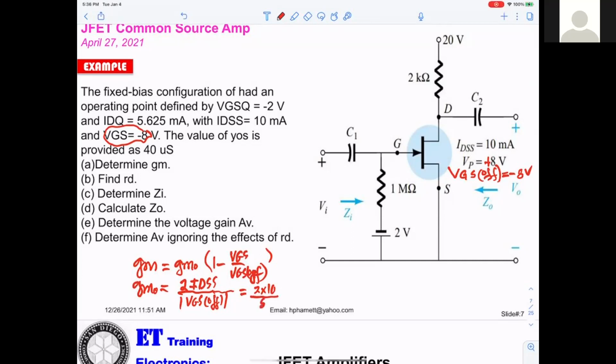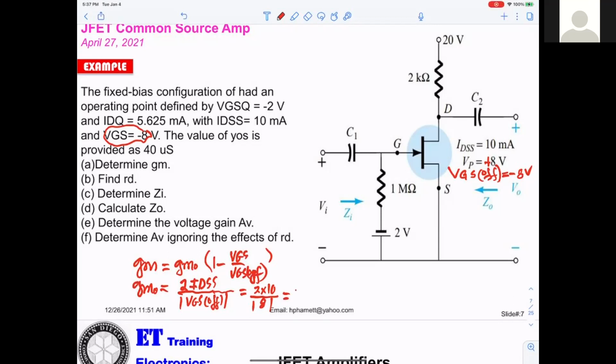I think I might have put plus 8, but we talked about that earlier. The absolute value of either minus 8 or plus 8 is just 8. Right, exactly. You don't have a negative for the GM0. So it's 2.5, right?